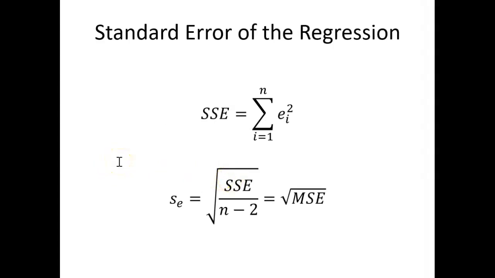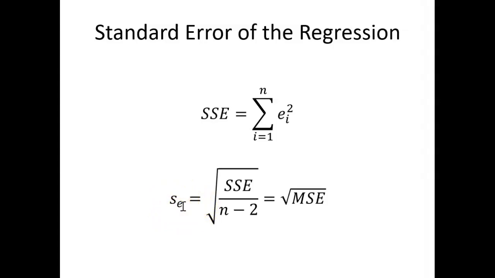This section is where we learn how to calculate standard errors for our parameter estimates. Okay, and that calculation begins with what's called the standard error of the regression. And the notation for the standard error of the regression is lowercase s sub lowercase e.